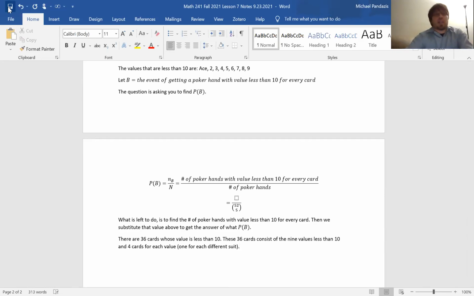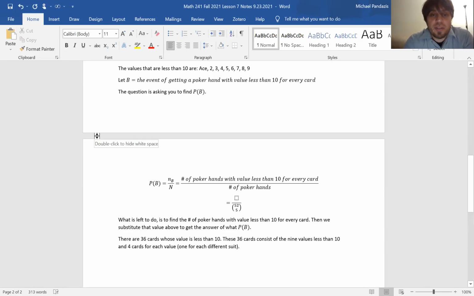So you have 9 values less than 10, each has 4 suits, and so 9 times 4, there are 36 cards less than 10. On the table, all that's left are the 36 cards whose value is less than 10. Everything else is removed, and those cards have value at least 10. So now the question is, how many ways can you choose 5 cards from those cards? Now you're only looking at the 36 cards whose value is less than 10.